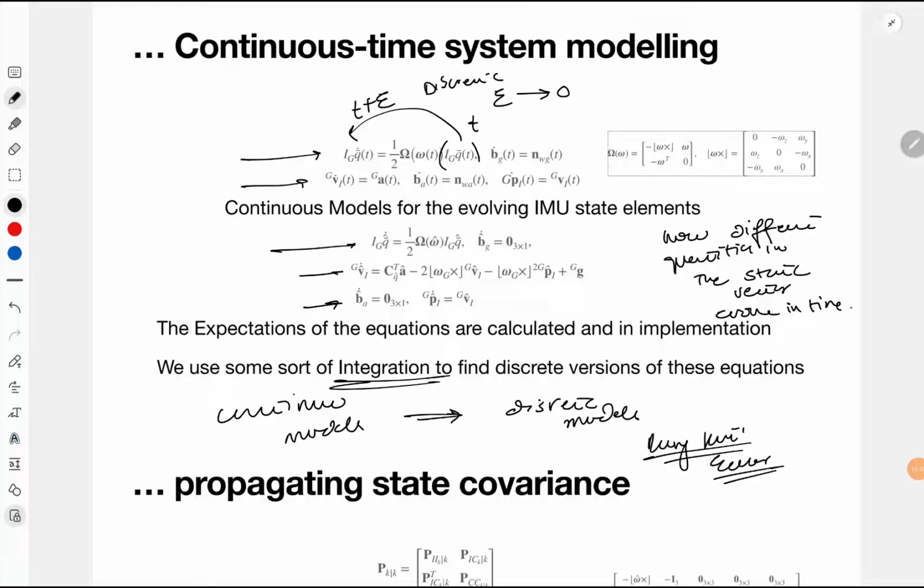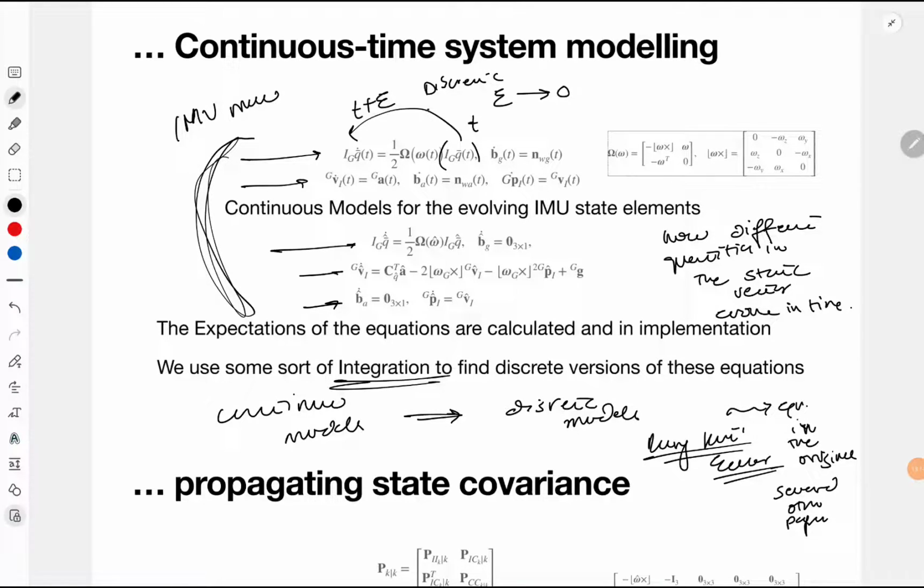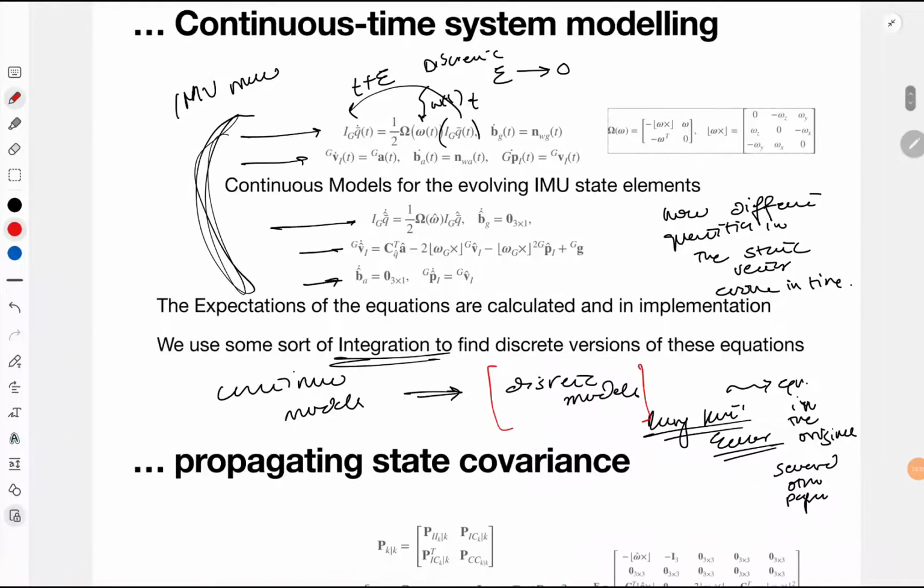So yeah, and you will find the resulting equations in the original paper and several other papers. So this is what we're going to be using the IMU measurements for. So an example would be that this omega t is an IMU measurement. This fits into this measurement model. So this is where you would be using the measurements from the IMU, but you would be using them on discrete versions of these equations, and those are not very difficult to figure out.